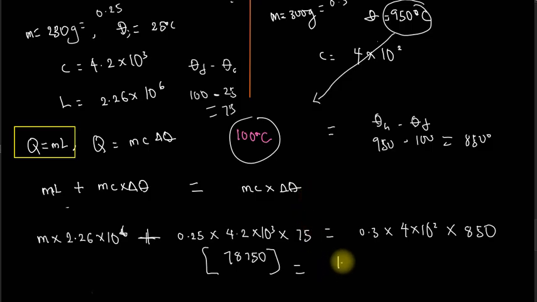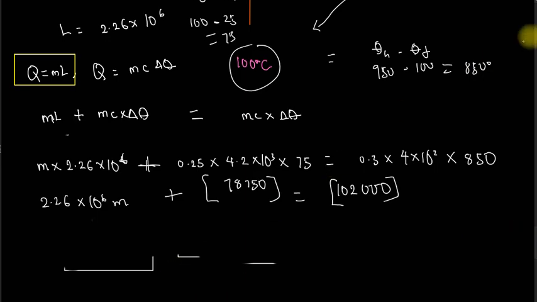So here we have 102,000, plus m times 2.26 times 10 raised to the power 6. Now what we have to do is just move this to the other side and subtract.